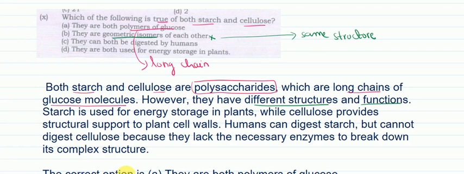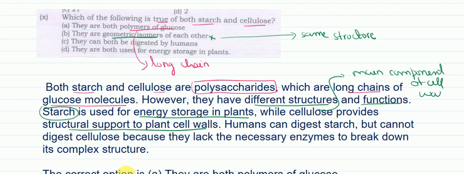Starch is used for energy storage in plants. Plants store their energy in the form of starch, while cellulose provides structural support to the plant cell wall. Cellulose is the main component of the cell wall. So cellulose is not a storage compound.